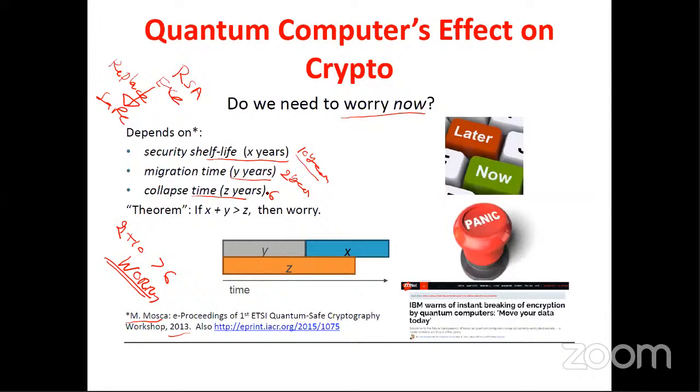And this information's life is 10 years. So then we will be in trouble. Did you understand this theorem? If our security shelf life plus migration time is more than the time which the quantum computer will take, then we will be in trouble. Is it okay? Or if there is any doubt, then please ask.